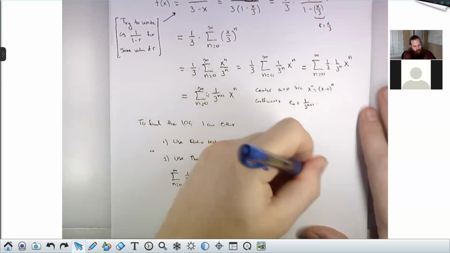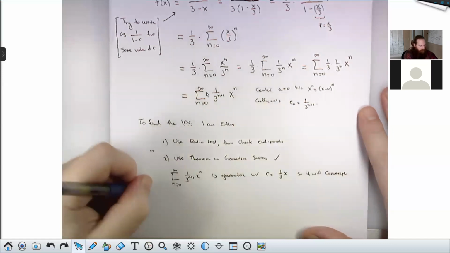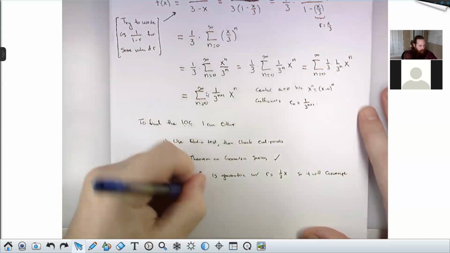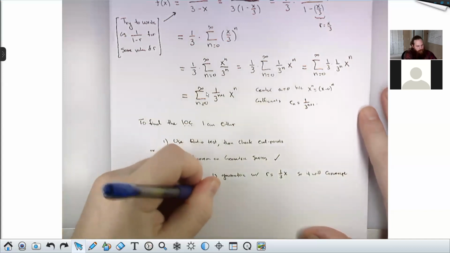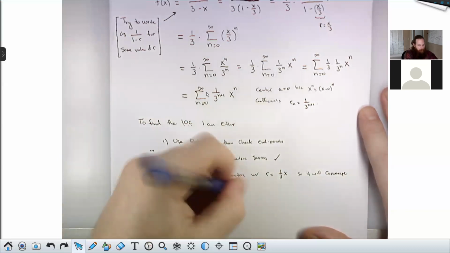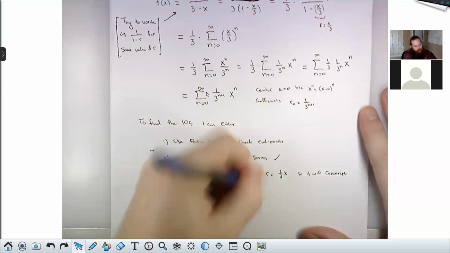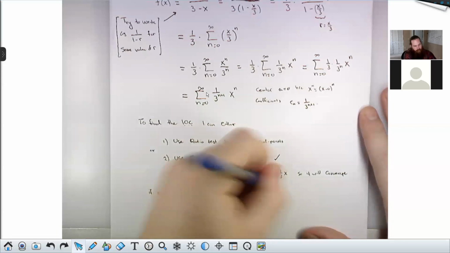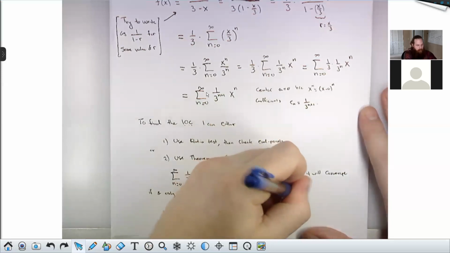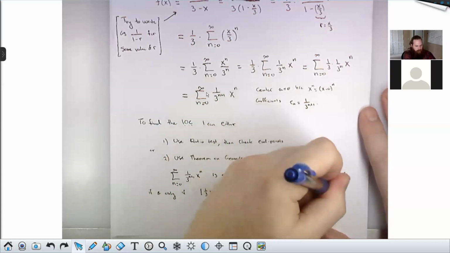So it will converge if and only if the absolute value of 1/3 x is less than 1, which is the same as saying, now I unpack, -1 is less than 1/3 x is less than 1, which is the same as saying -3 is less than x is less than 3.